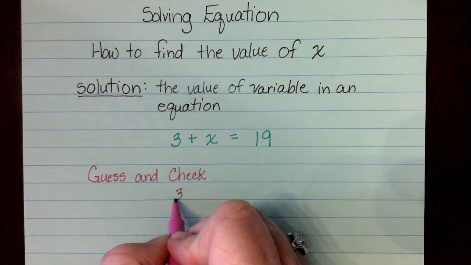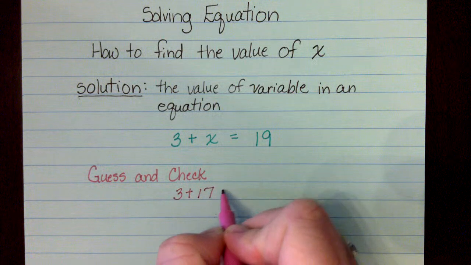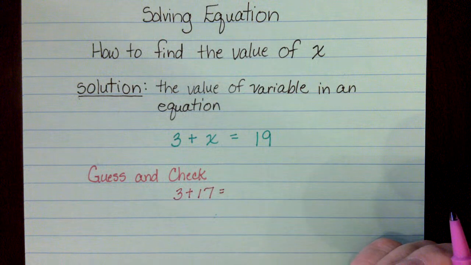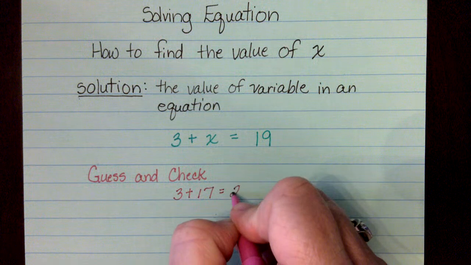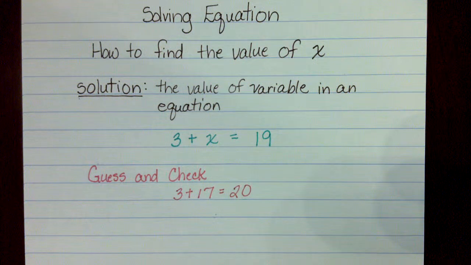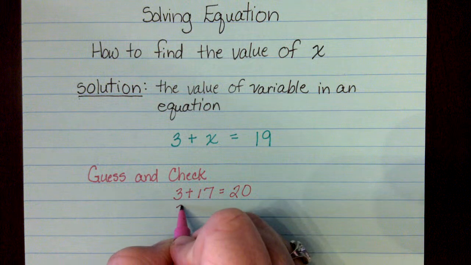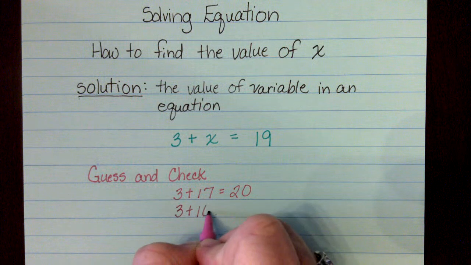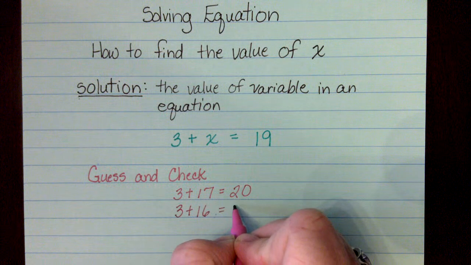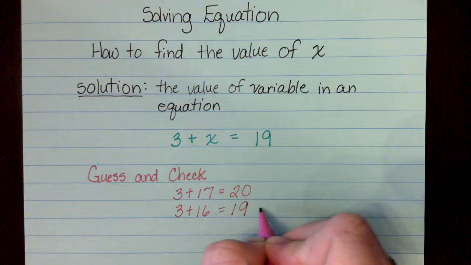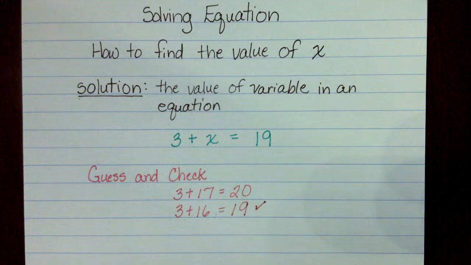All right, 3 plus 17 equals exactly 20. So let me try 3 plus 16. 3 plus 16 equals 19. I think that this is probably the answer, but I'm going to go ahead and check one more down.